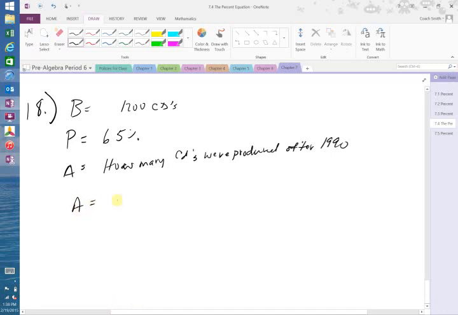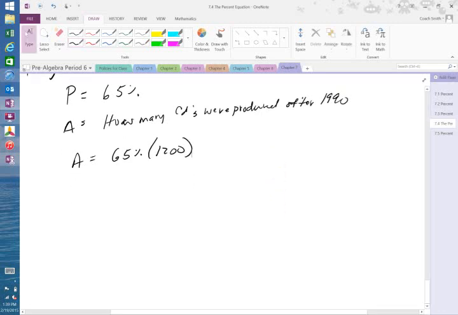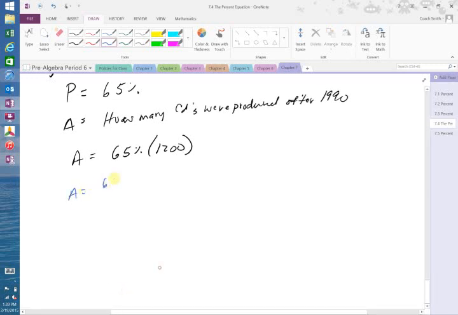A equals 65% times 1,200, because it's A equals P percent times B. Once again, the same thing holds true as in the previous problems: to manipulate the percent, I've got to change it to a fraction or a decimal. If you're having trouble with the decimal part, put A is equal to 65 over 100 times 1,200. That's probably easier for you.